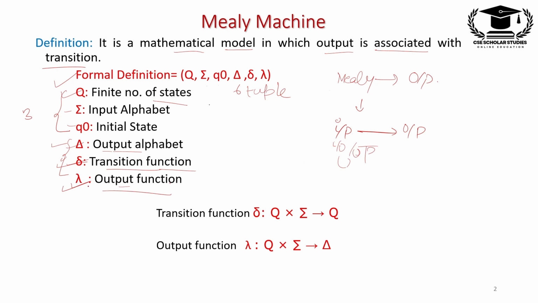So the lambda function represents the output function, right? For the Mealy machine, the transition function is defined as Q into sigma tends to Q, and the output function lambda is defined as Q into sigma tends to capital delta.